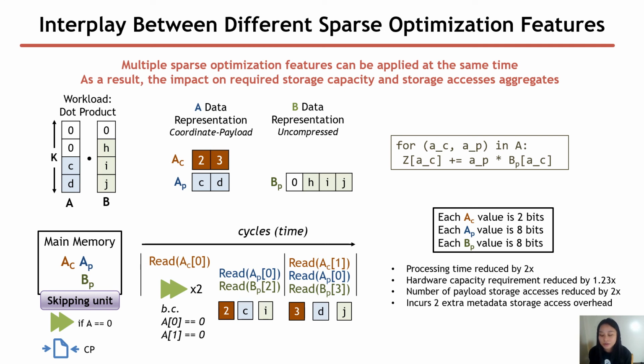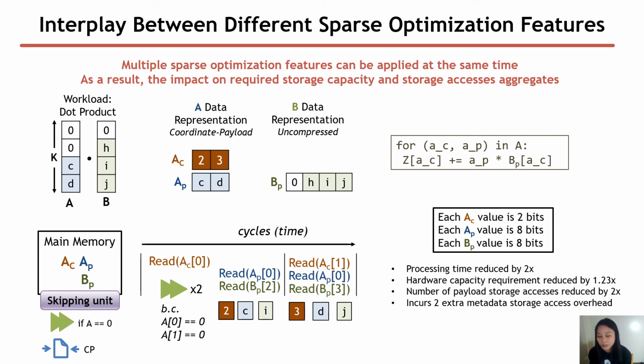It allows us to reduce the hardware capacity requirement because we didn't store the 0 values of A, and because the coordinate metadata is less significant compared to the payload, we're saving about 1.23x in terms of hardware capacity.